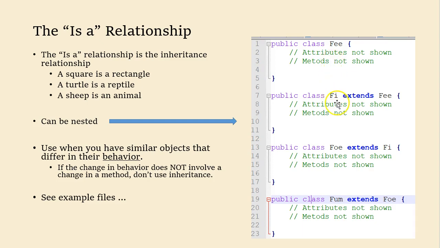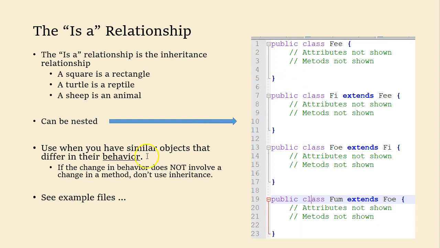It's the is-a relationship. Fi is a Fee. And Fo is a Fi. Now, since Fi is a Fee and Fo is a Fi, Fo is also a Fee. And this continues. You normally won't have this much of an extension in your projects. In a real-world, large, sophisticated piece of software, it's very possible that that can happen.